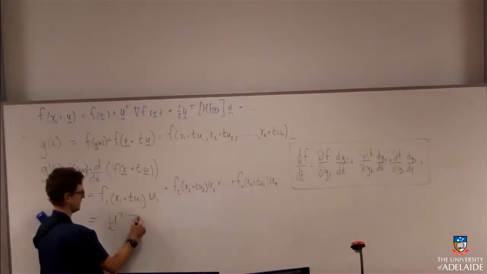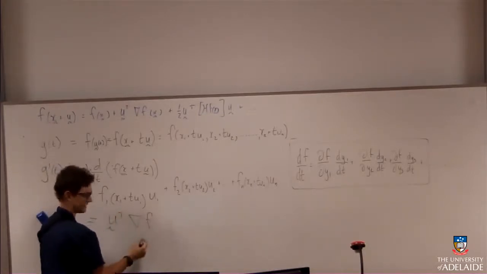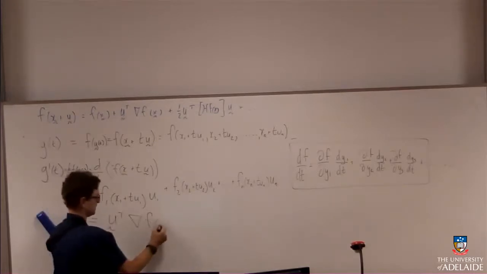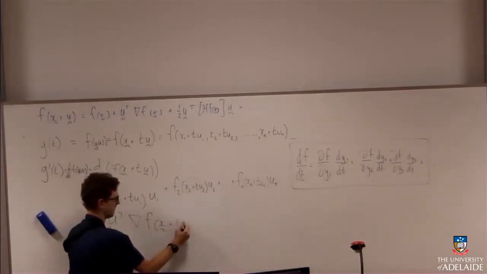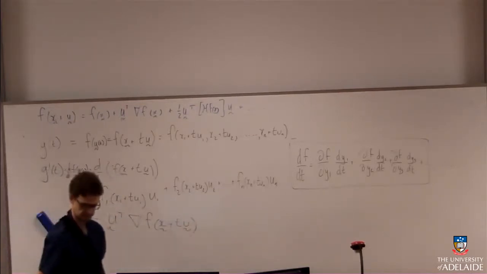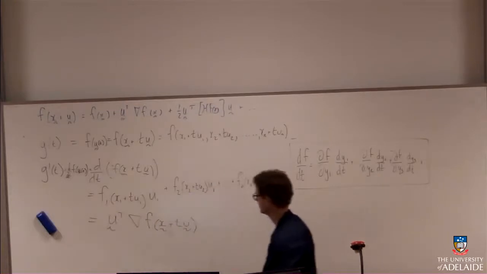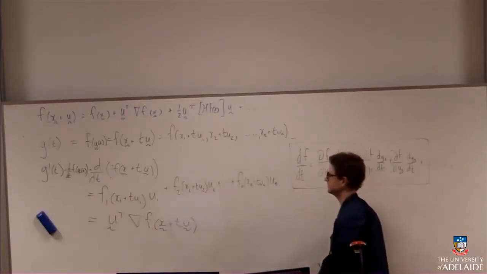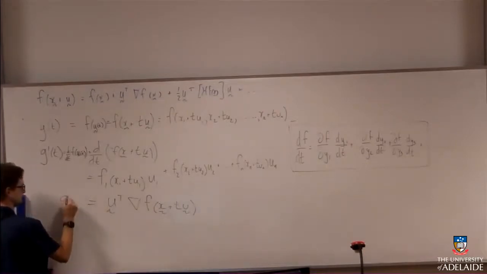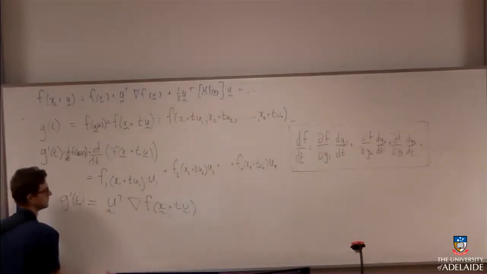A shorthand way of writing this would be to take f, calculate its gradient, and then write it like that. So that's the first derivative: g prime of t is that.